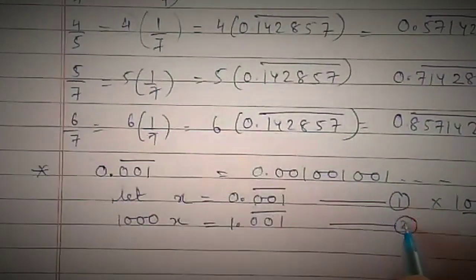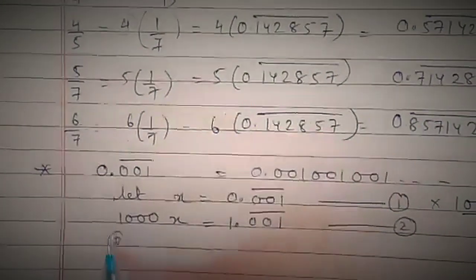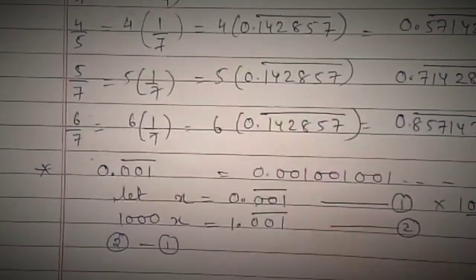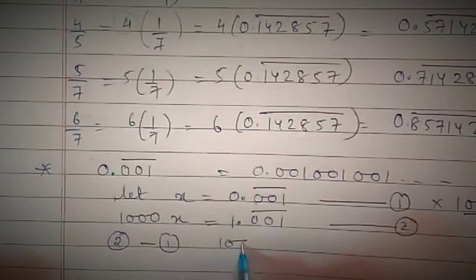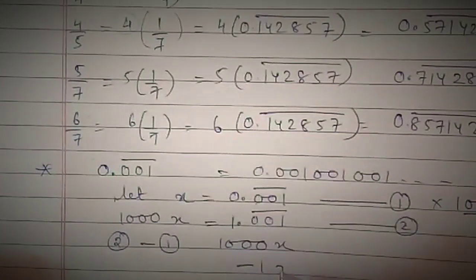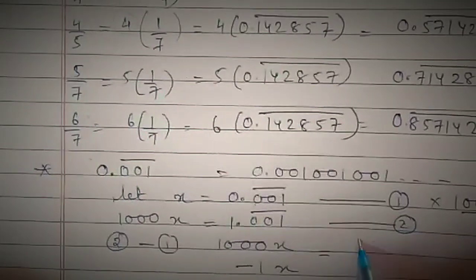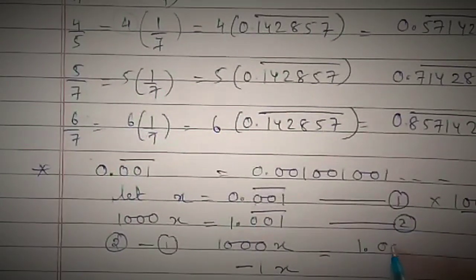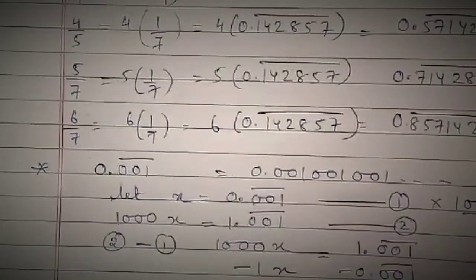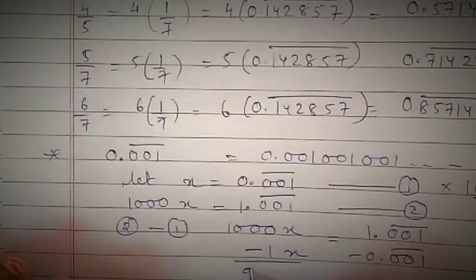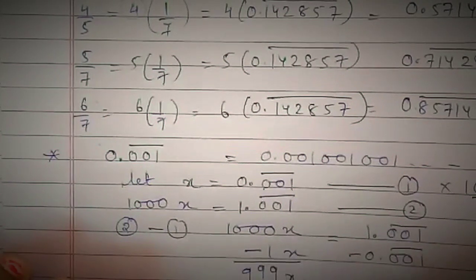Now subtracting 1 from 2, that is, we have to subtract the first result from the second result. I will write in a proper way so that you can understand. 1000x minus 1x for the left hand side, and right hand side 1.001 the whole bar minus 0.001 the whole bar. So when we subtract, we will be getting 999x.